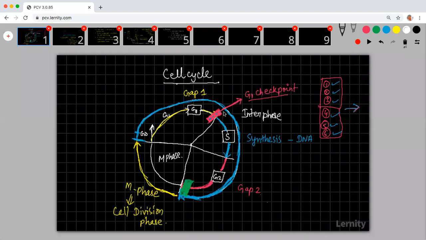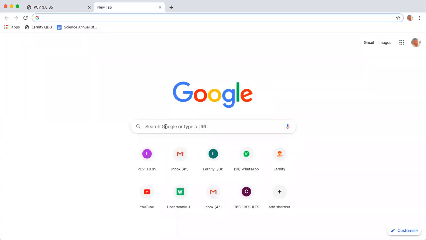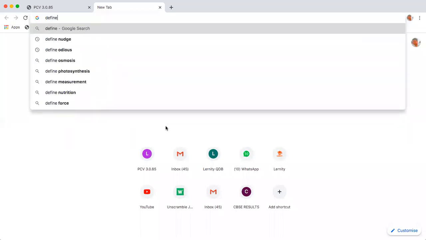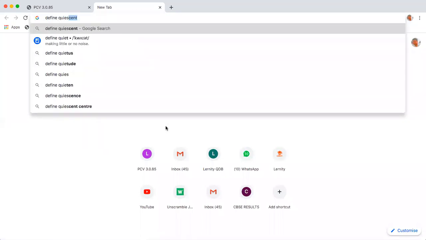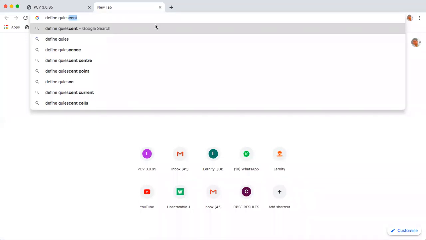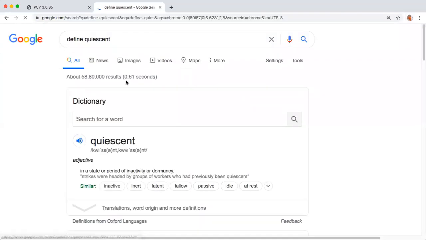Quiescent means silent. So this is quiescent, the meaning inactive, in a state or period of inactivity or dormancy, that is called the quiescent stage.